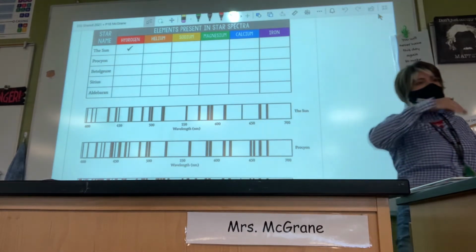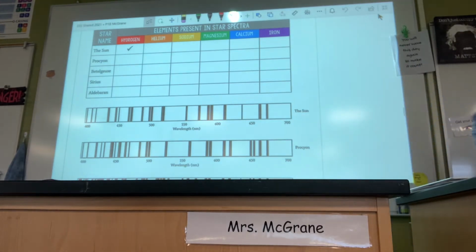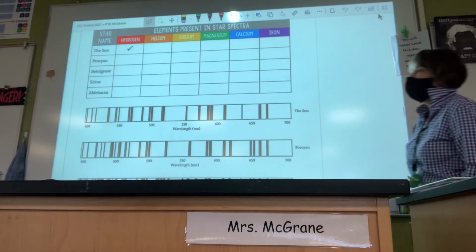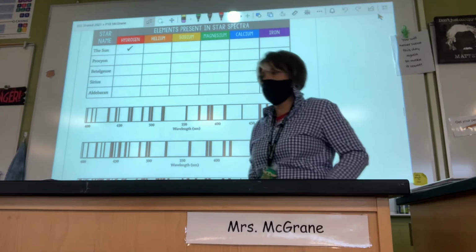And then when we are ready to check our work, we'll all come back to the table and check our work and then move forward together. But if you're ready to move on, you can try to move on if you want. If you want to wait, then you wait.